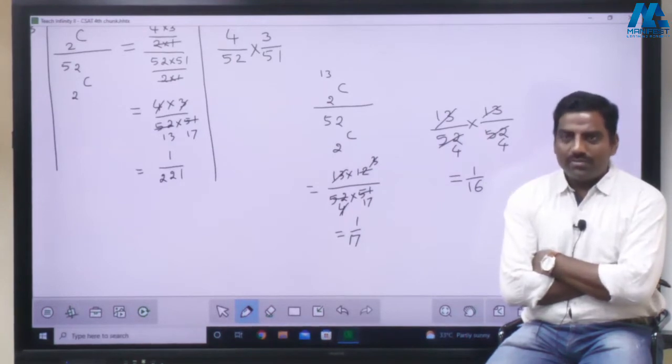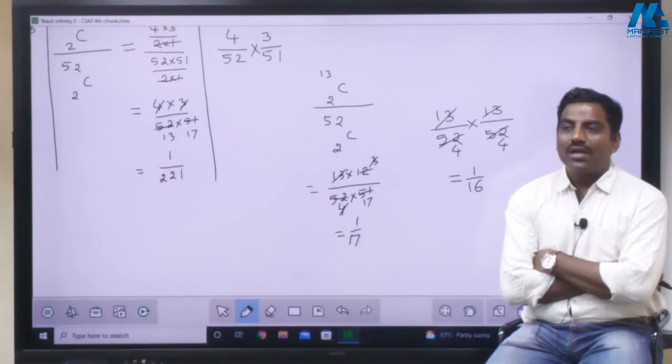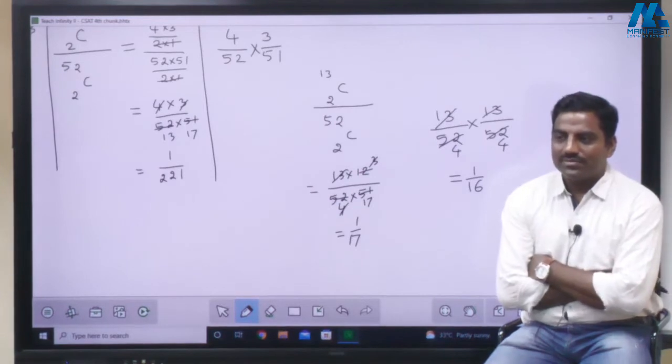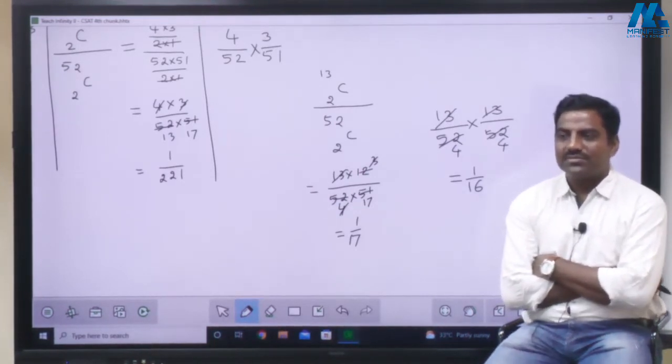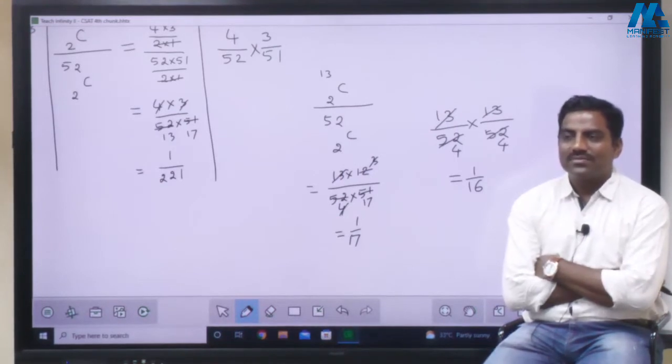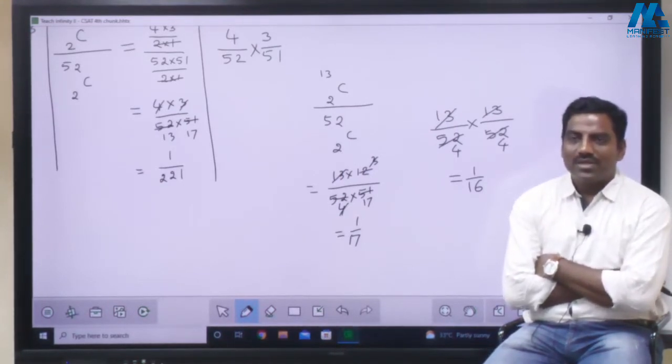Two cards are drawn. The cards have to be either kings or diamonds. In the denominator, same thing, 52C2.